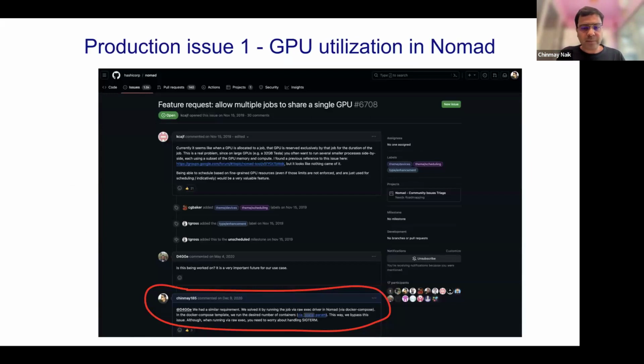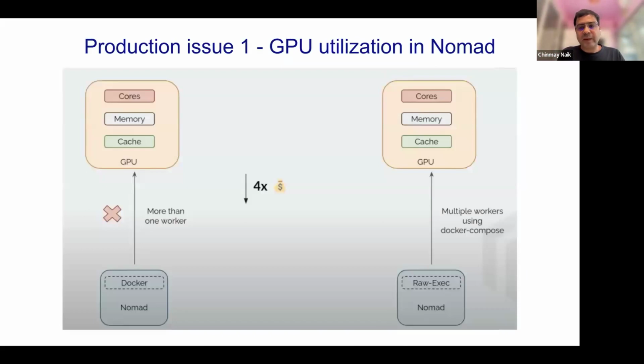We were using Nomad at the time, and we realized that it cannot run multiple worker containers on the same GPU node. What does that mean? We have a GPU, and we want to run multiple Docker containers or workers on a single GPU because there is enough RAM and enough cores on a single Tesla T4 GPU.